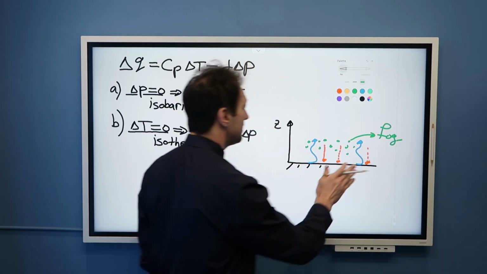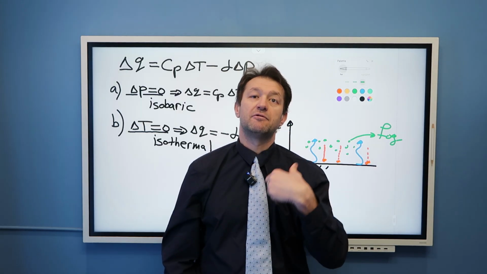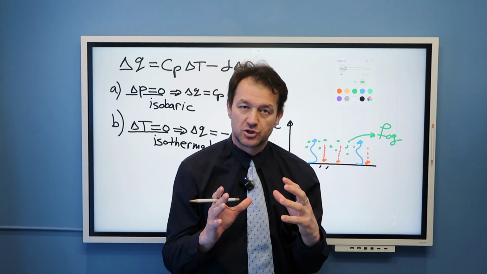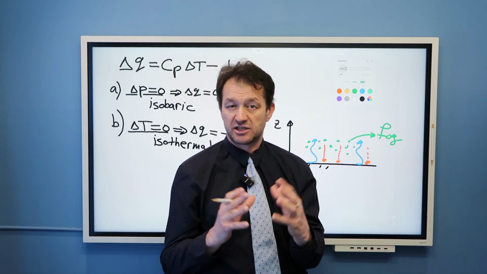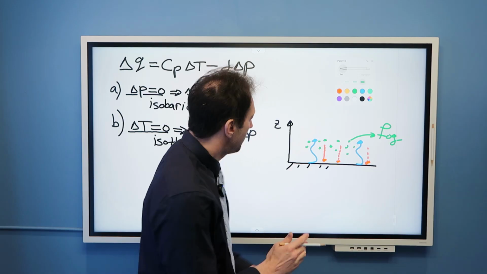This is how radiative fog forms. Now, when fog forms, that means we have condensation. Condensation, as we studied, releases latent heat of condensation.